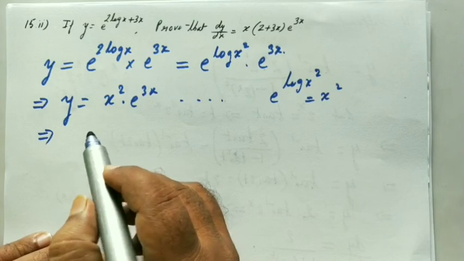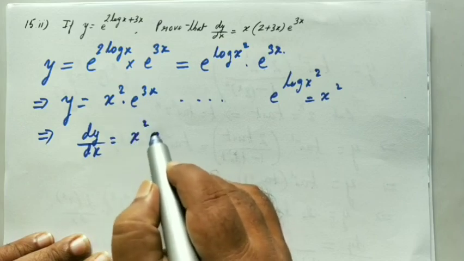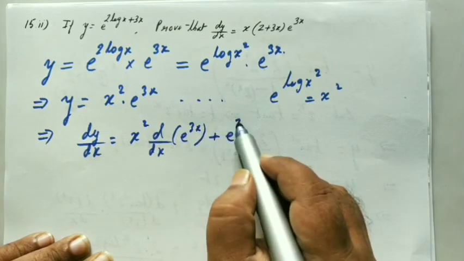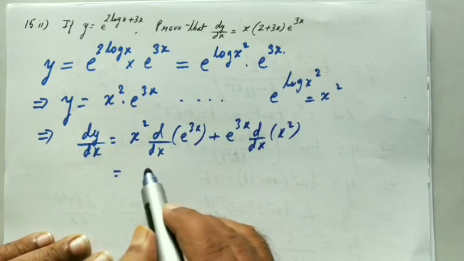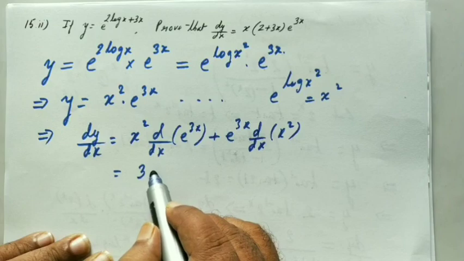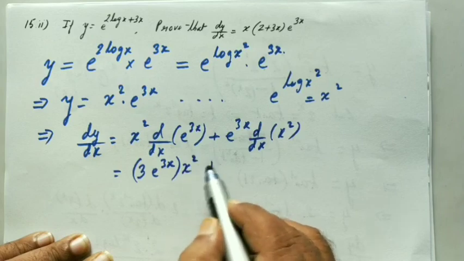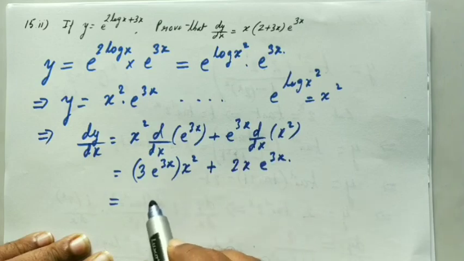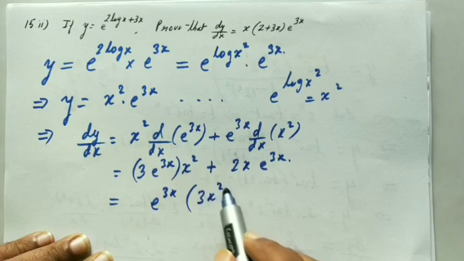Now you are going to use the product rule. dy by dx is equal to, common is e to the power 3x, 3x square plus 2x.